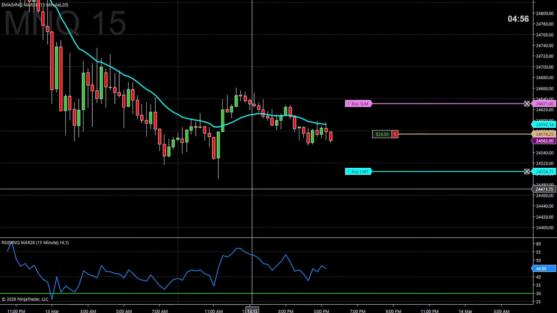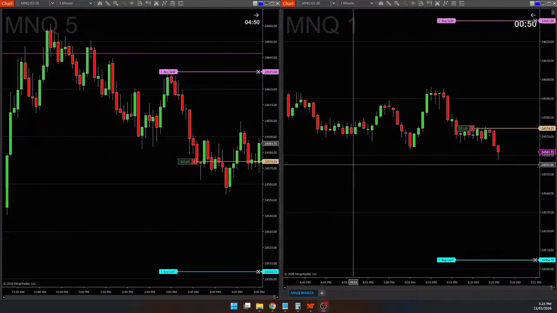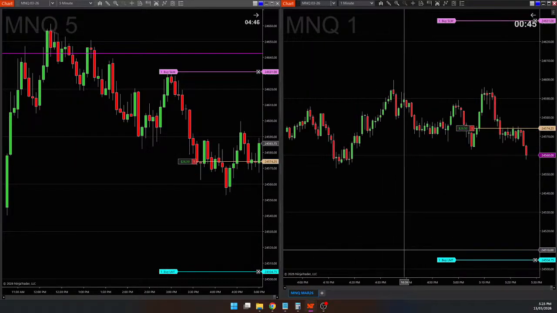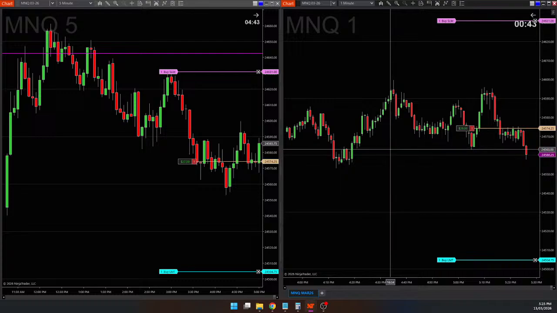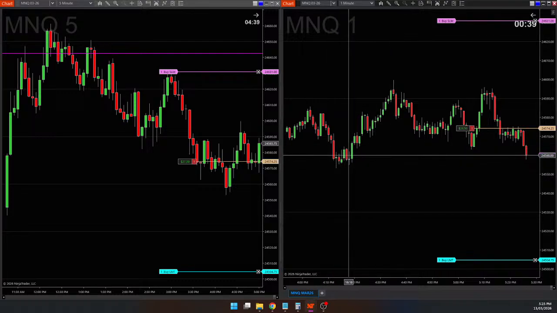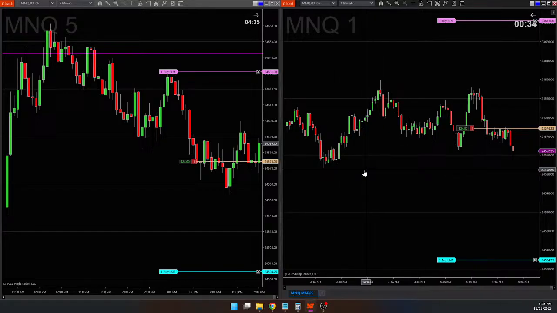Oh, starting to see some increase in price here now. Above $20 P&L. And we haven't reached that low in a while. The last time we were at that low was here, about an hour ago.